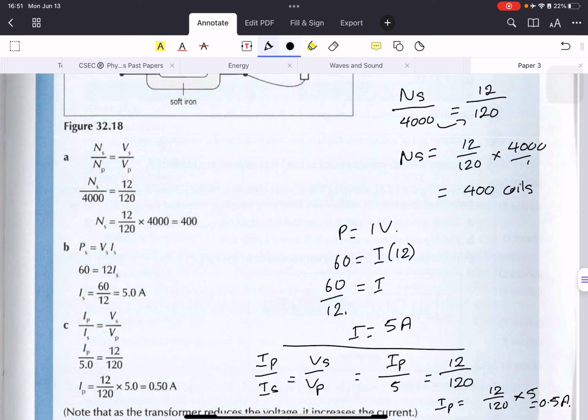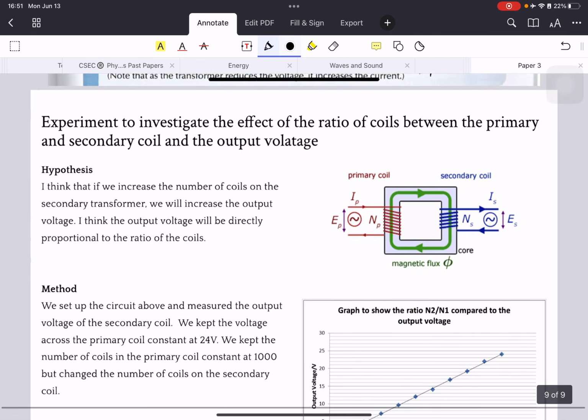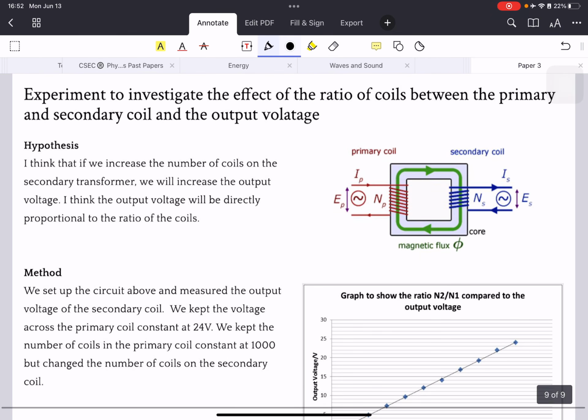So this is just transformers and calculations in a nutshell, but let's get to the bulk of what the question could be. Right, so this here is the experiment that would come, almost guaranteed to come. The experiment is to investigate the effect of the ratio of coils between the primary and secondary coils. Remember, there's a difference in the number of coils in the primary and the secondary, and that would control how much the voltage either decreases or increases.